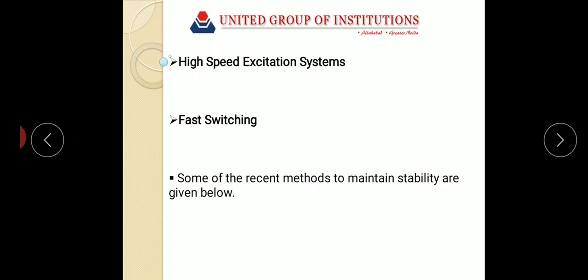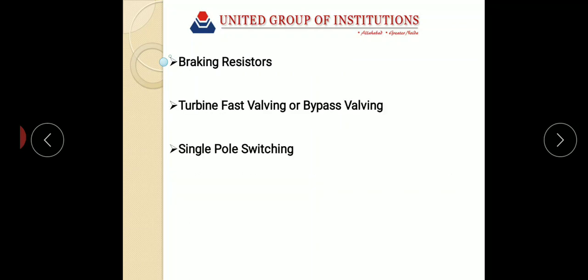Okay, now some of the recent methods to maintain stability are given below. Number one is the braking resistors. In this method, an artificial electric load in the form of shunt resistors is temporarily connected at or near the generator bus.